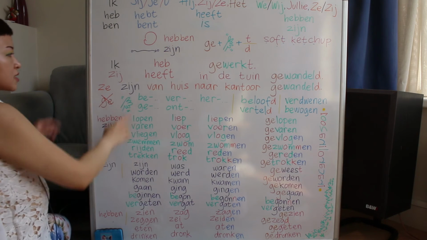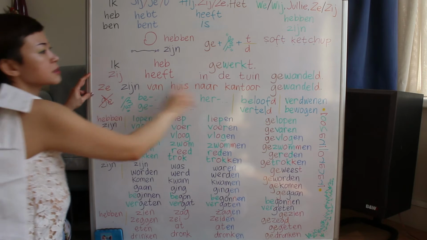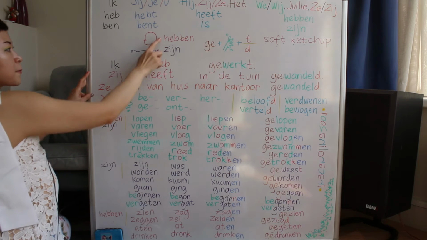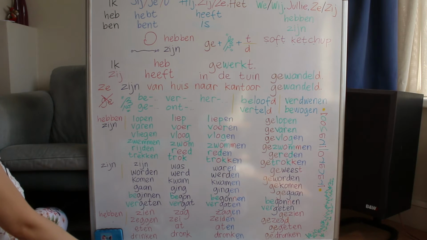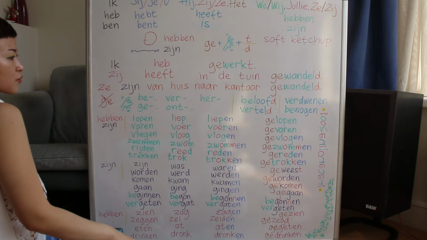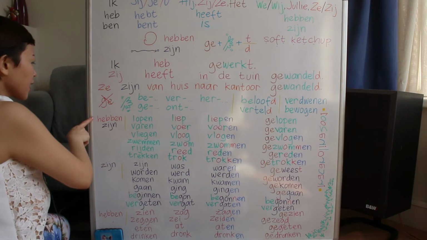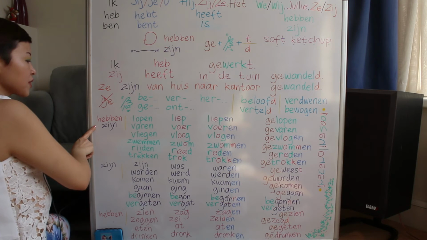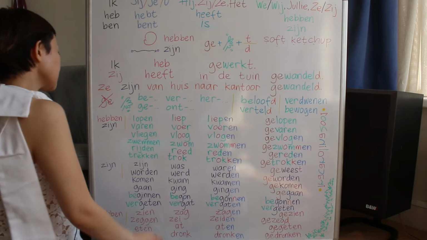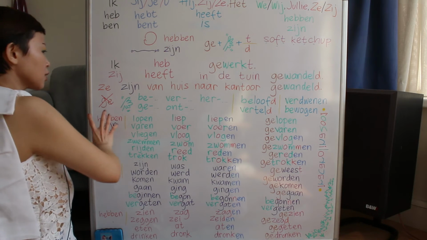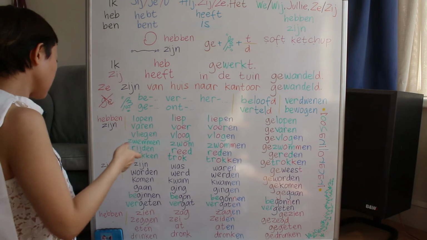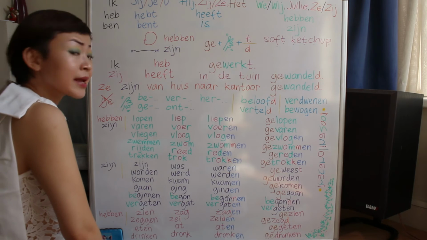Ze zijn, this one is they because we use the ze with zijn. We see here zijn, so this one is they. Ze zijn, they are, van huis, from house, naar kantoor, to office, gewandeld, walk. We use the same word, gewandeld, walk.